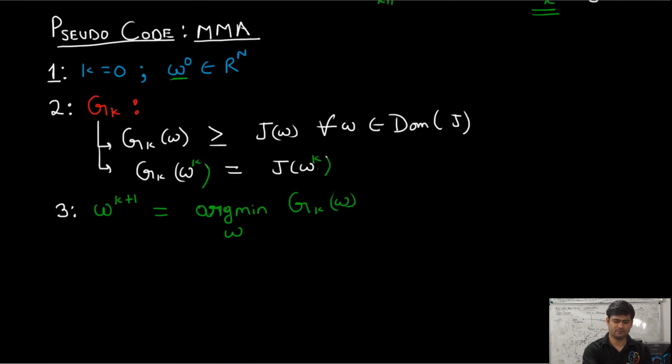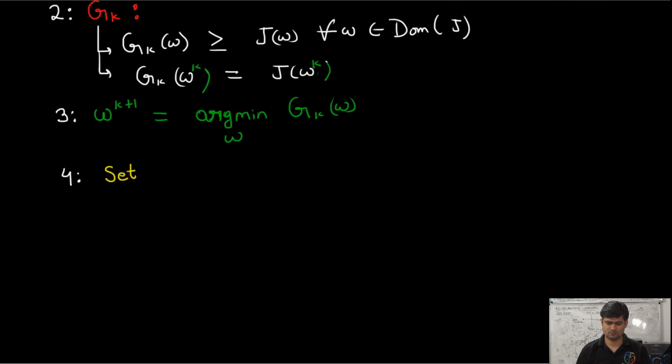So the next step would be to set k equal to k plus 1, and step number 5 is to repeat this entire process.